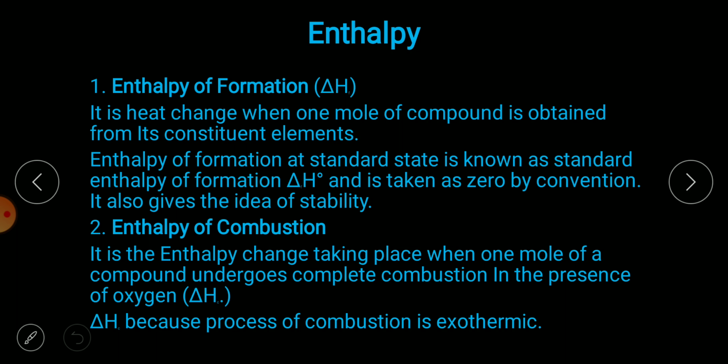Complete combustion involves the formation of carbon dioxide and water both, but in case of incomplete combustion there is formation of carbon monoxide. So basically enthalpy of combustion involves the complete combustion in presence of oxygen, and that process is always exothermic. So this is known as enthalpy of combustion.